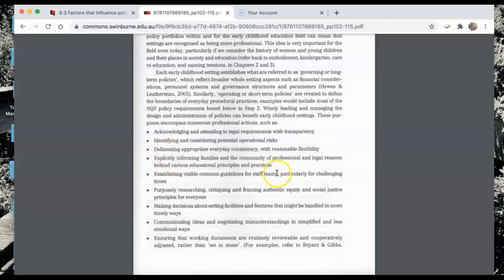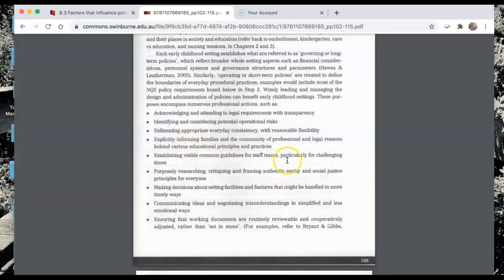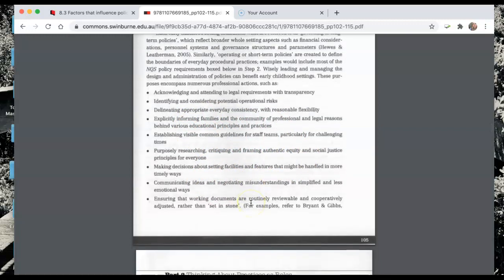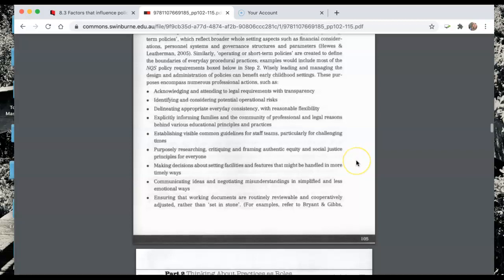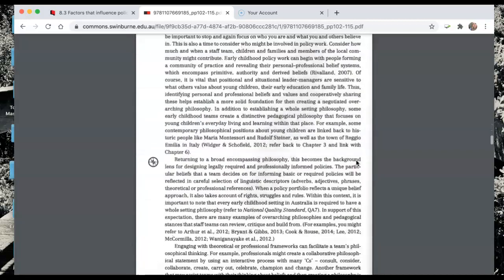So everyone's on the same page. You can get people to sign, and then you're able to uphold the laws and regulations needed. It's got some great stuff here about having common guidelines. All of this stuff here within our reading for this week is great for step 1 of your team assessment. So definitely read through this one very carefully.